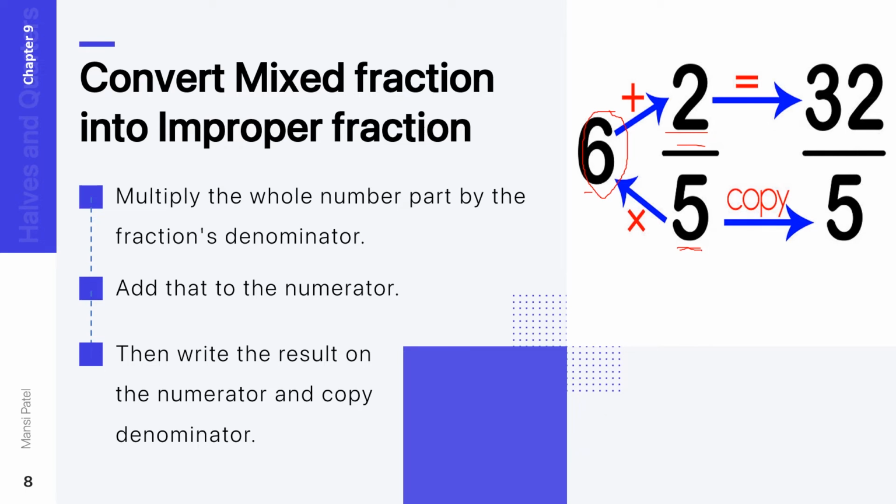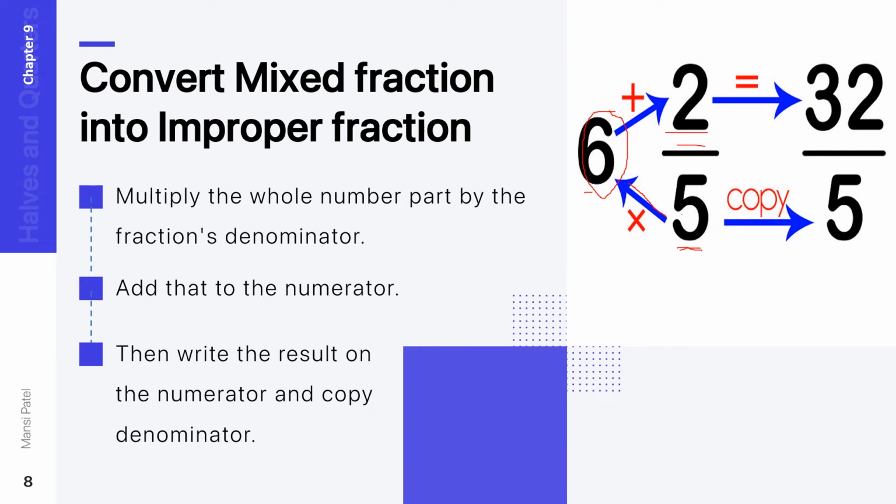You have to multiply the denominator with the whole number. When we multiply the denominator and the whole number, it becomes 5 sixes are 30. After that, your second step is that you have to add that answer to the numerator. So what is the answer of the multiplication?